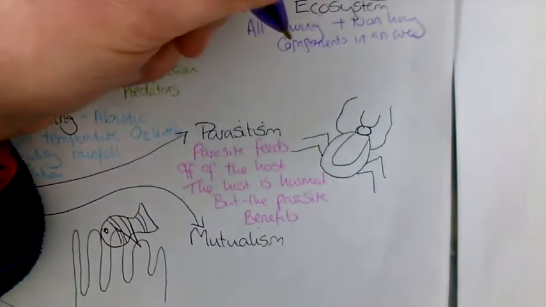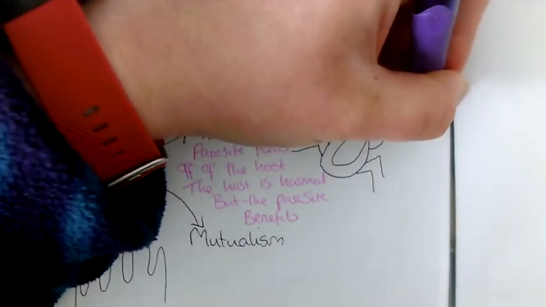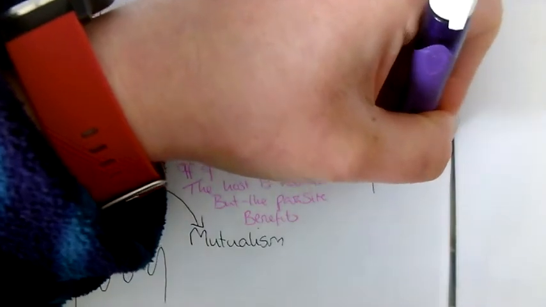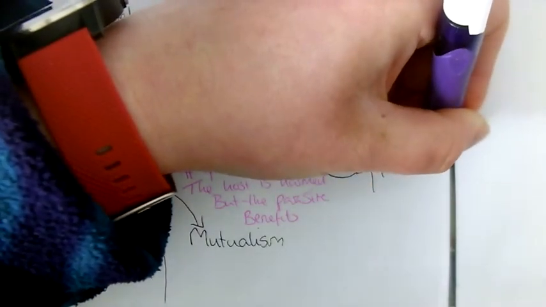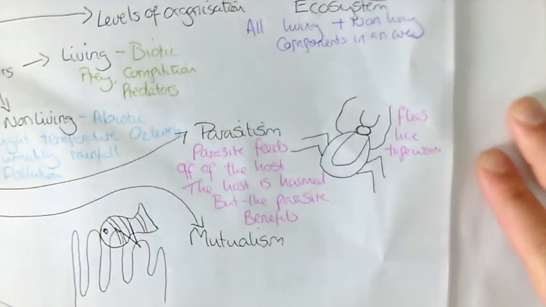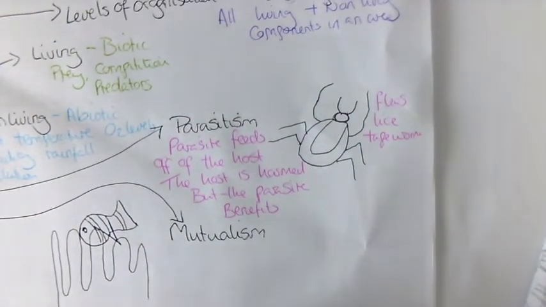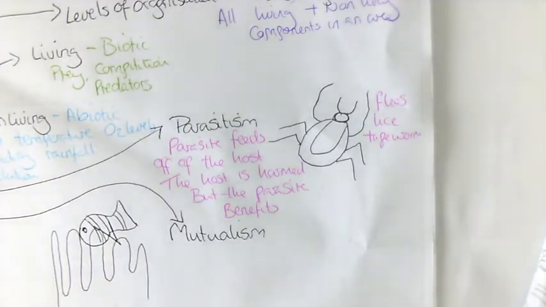That could be things like fleas, lice, tapeworm. If you go and have a look at some videos of tapeworms, you'll see that they grow in the intestines, and they are long and basically feed off the nutrients that you have, and you gain nothing from them. So a parasite feeds off its host, but the host is harmed and the parasite benefits.